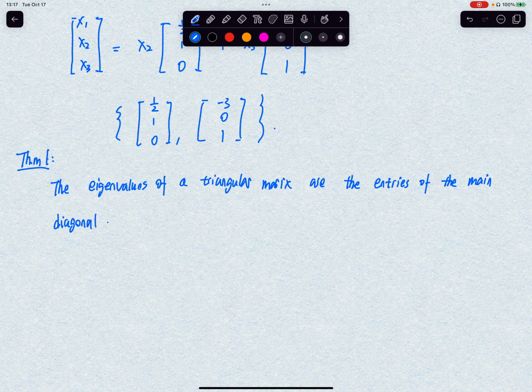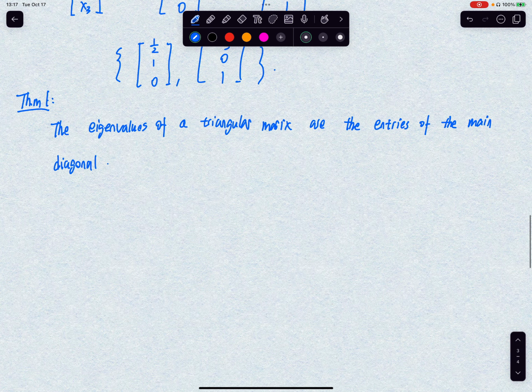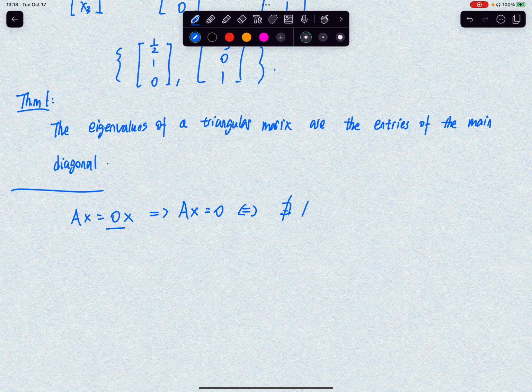So what does it mean for a matrix to have an eigenvalue of 0? If we have Ax equals 0x by the definition of eigenvalue, then 0 is an eigenvalue if and only if this equation has a non-trivial solution. This means Ax has to vanish, and it has a non-trivial solution if and only if A is not invertible.